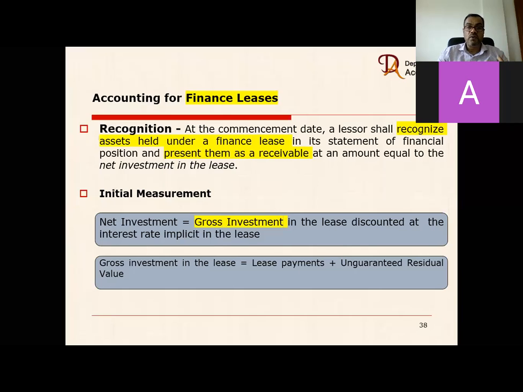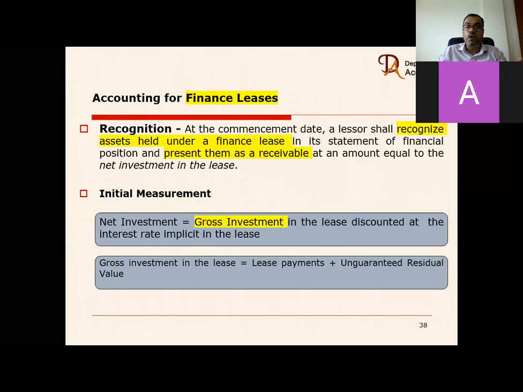Therefore, once you make the payment of 450 to the manufacturer or the trader, you recognize that as an asset held under finance lease in your books. Once the financing arrangement is made and the asset is transferred to the lessee, the asset is gone to the lessee, but you have a right to recover that amount from the lessee. Therefore, that full amount is lease receivable.